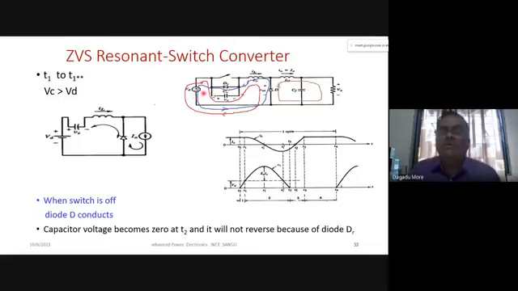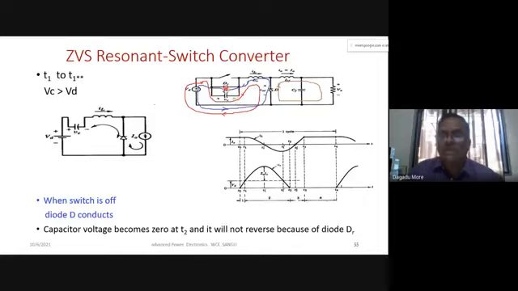Because of the inductor energy, we have seen that the red current is increasing up to this. This red current is the positive current, and it goes on decreasing.